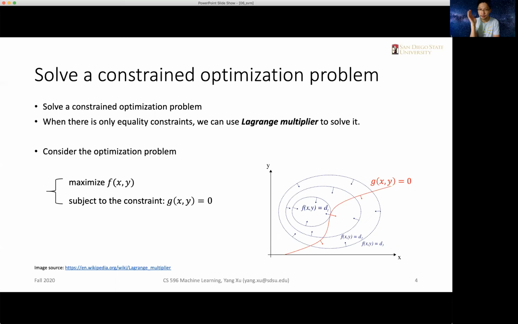but we need to keep in mind that we are working along the red line, right? Because we need to satisfy the constraint that g of x and y equals 0. If we use the red solid line to indicate all the points that satisfy this constraint, then we must work along this red line, and we need to stop whenever we have maximized the value of f of x and y.